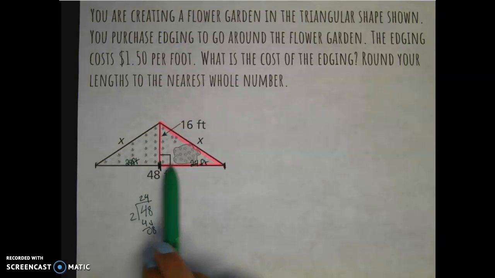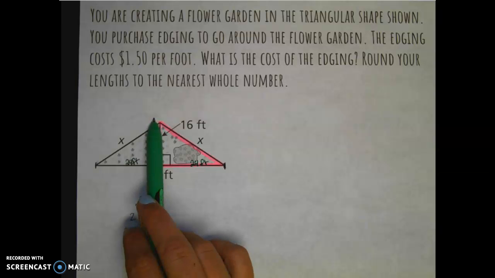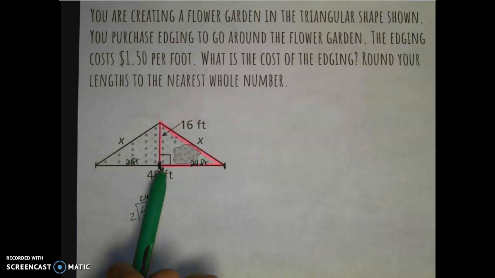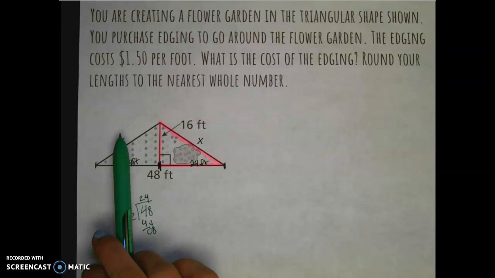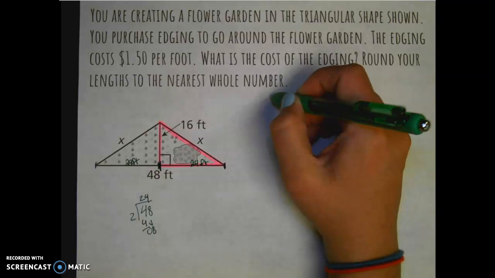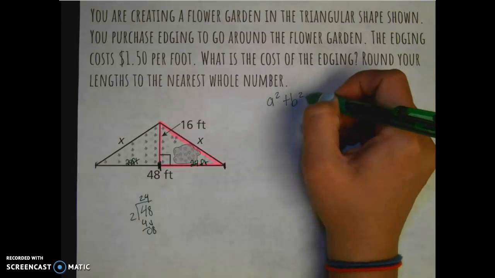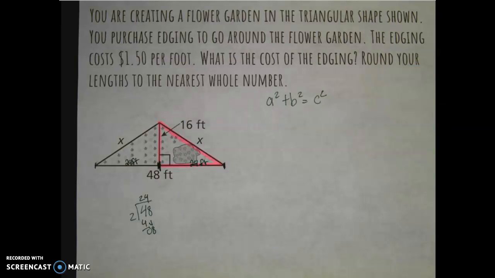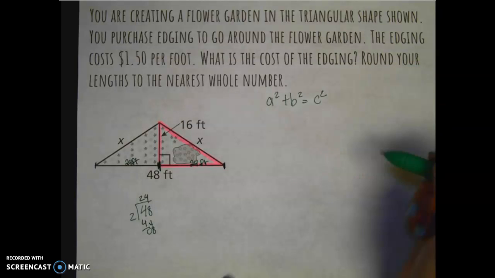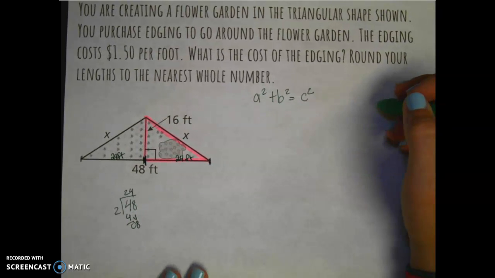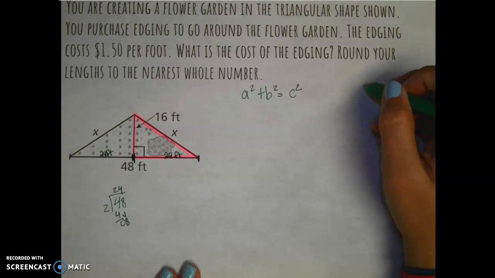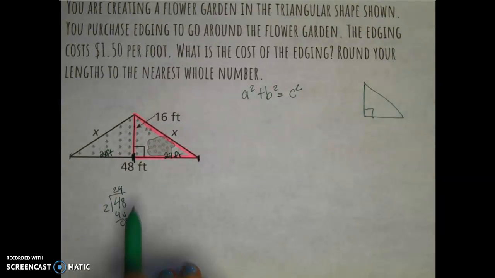I'm going to find this triangle because I know that these two hypotenuses, these C's, are going to be the same. So what I'm going to do is write my Pythagorean theorem: a squared plus b squared equals c squared. I'm going to redraw my triangle just so I know what I'm dealing with.